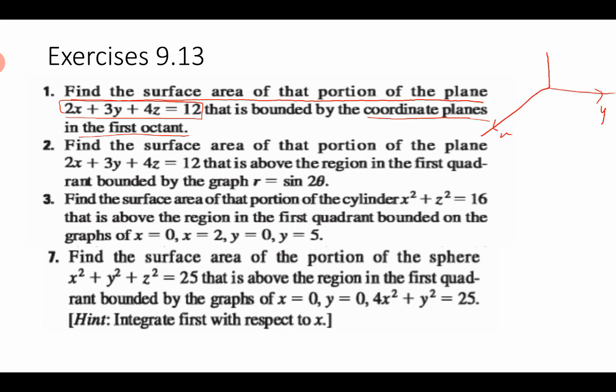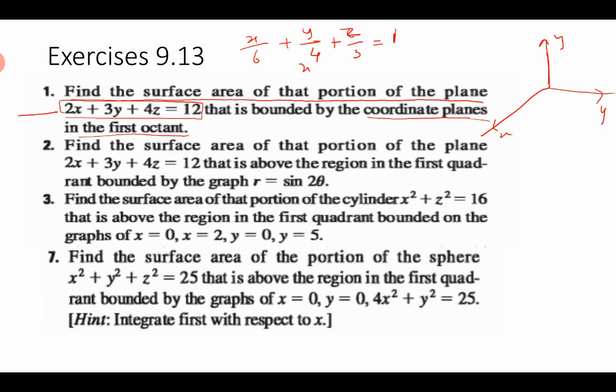We have the x-axis, y-axis and z-axis. When you are given a plane, how do you find the x, y, z intercepts? Divide this equation by 12. What do you get? x over 6, 3y divided by 12 will be y over 4, and 4z divided by 12 will be z over 3, which is equal to 1.